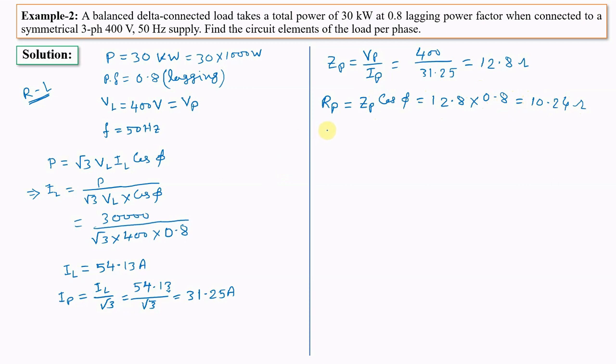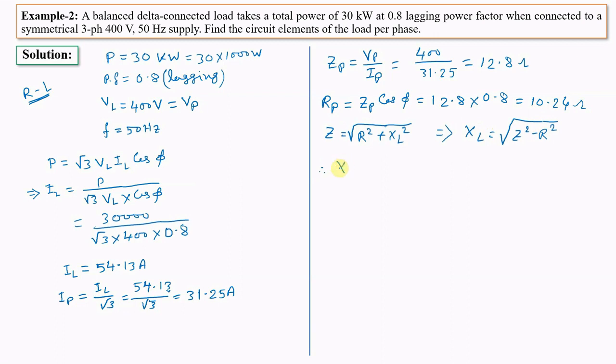For a resistive inductive circuit, we know that the impedance can be written as square root of R square plus XL square. So we can write XL equal to square root of Z square minus R square.